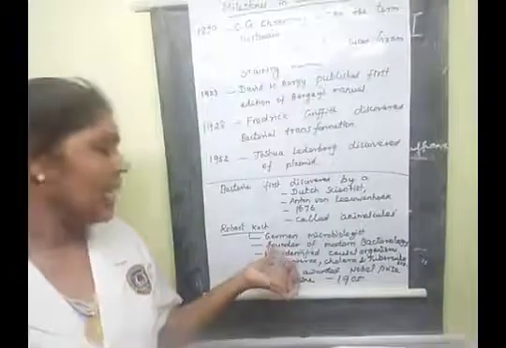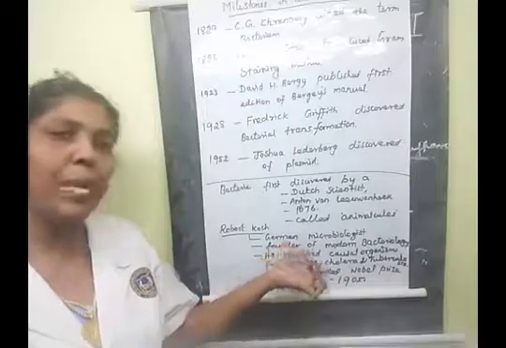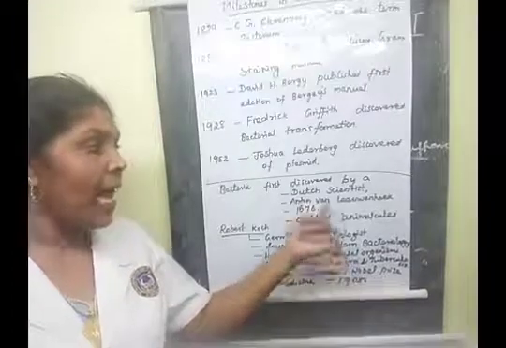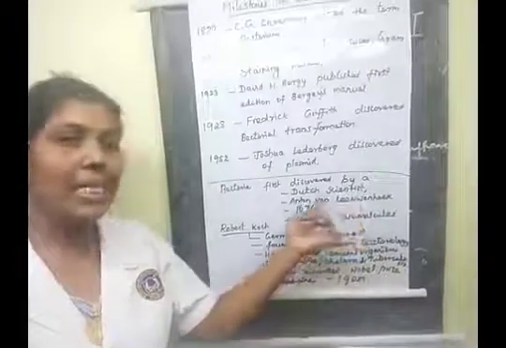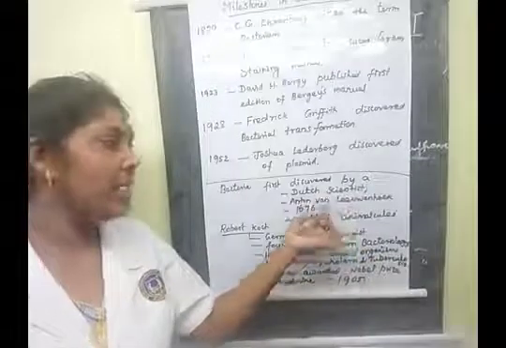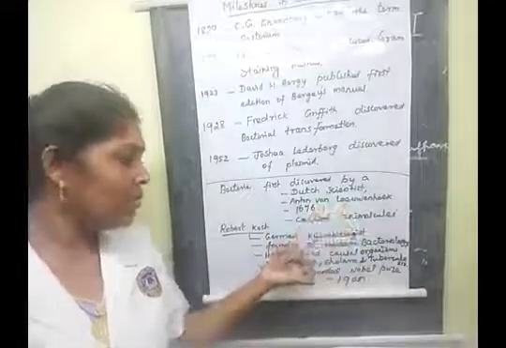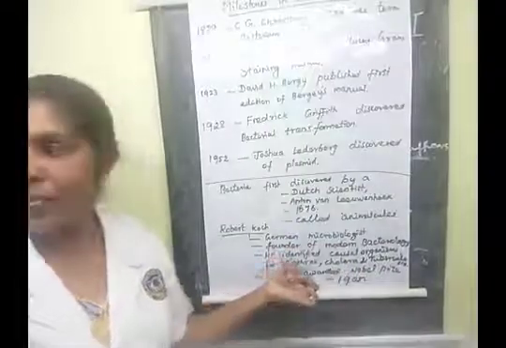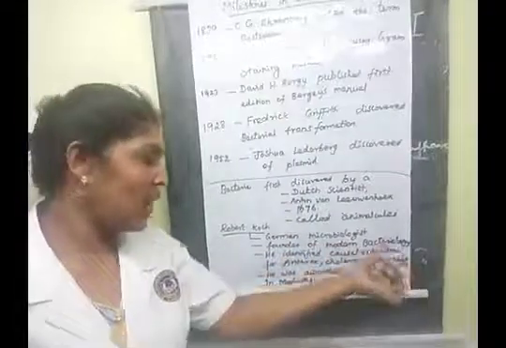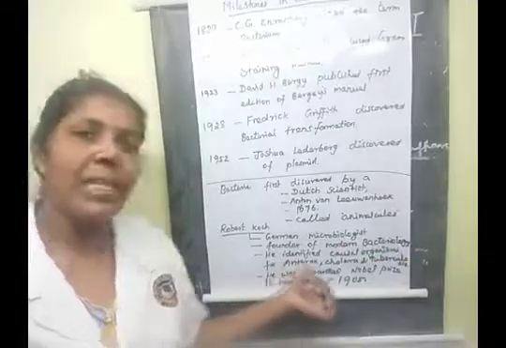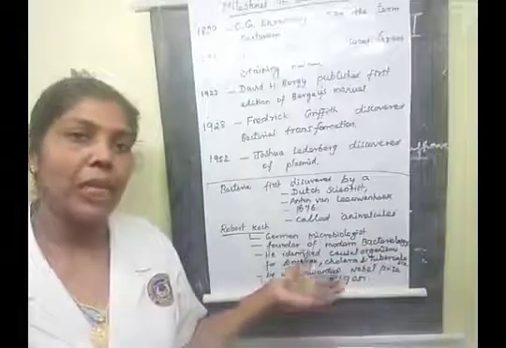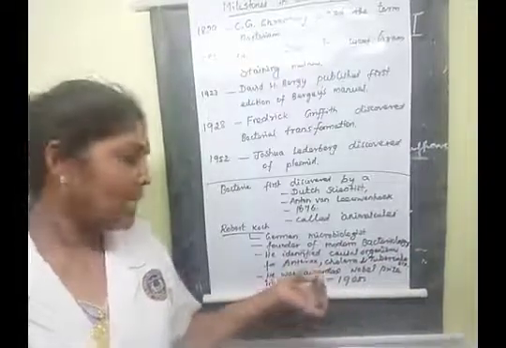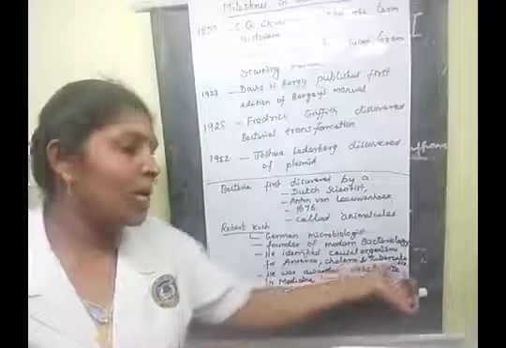Robert Koch is a German microbiologist, but Anton van Leeuwenhoek is the Dutch scientist. Okay, Dutch scientist. So this person is a German microbiologist, the founder of modern bacteriology. He identified the causal organisms of anthrax, cholera and tuberculosis.